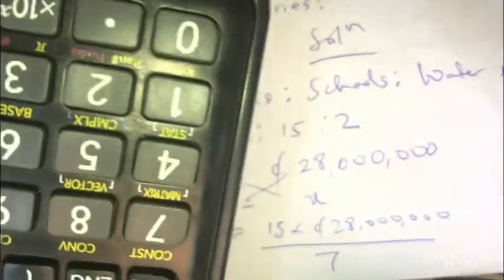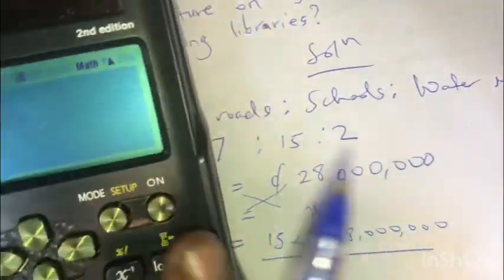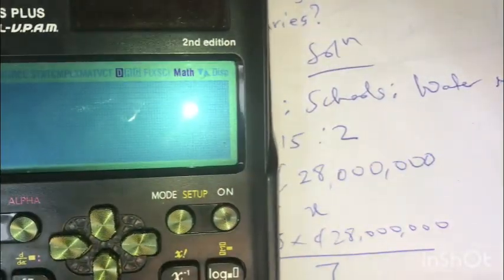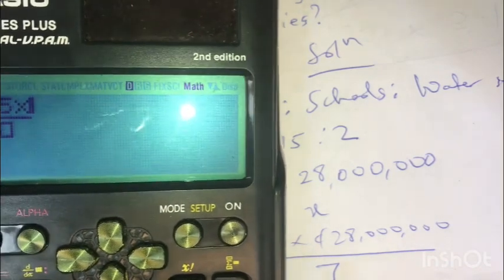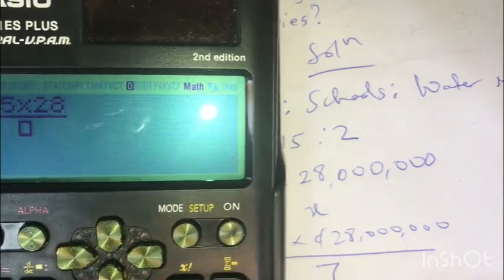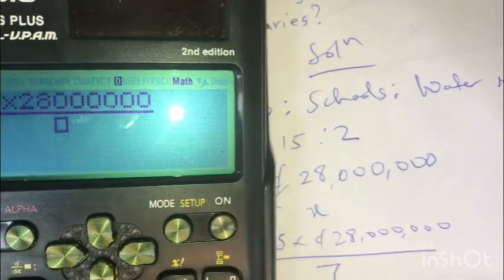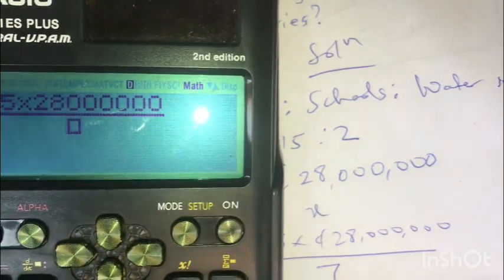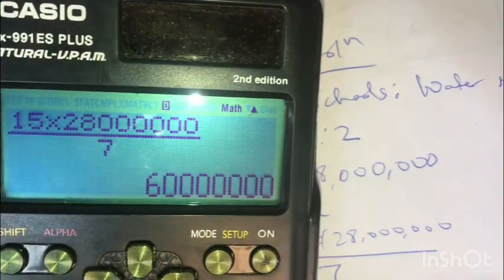Without wasting my time, I'm just going to input all this in my calculator. Okay, so I'm going to get 5 times 28 million, 1, 2, 3, 4, 5, 6, divided by what? 7. That will give me 20.